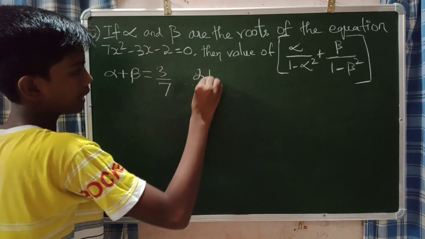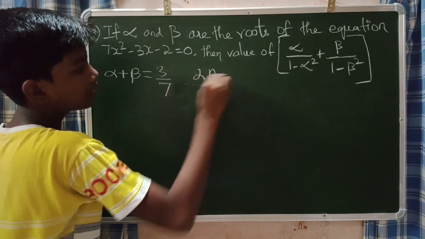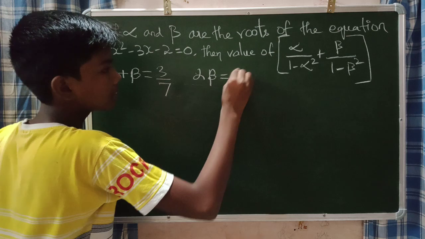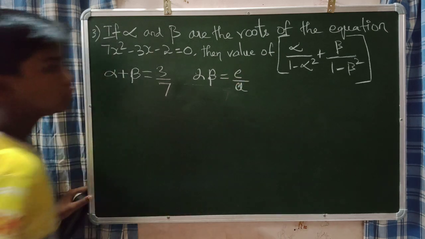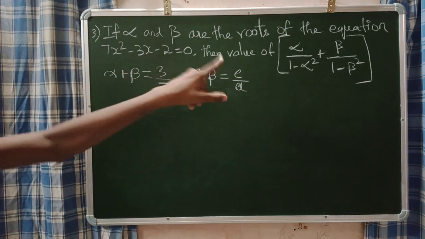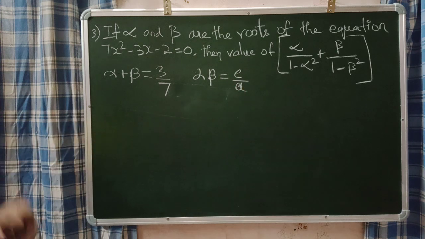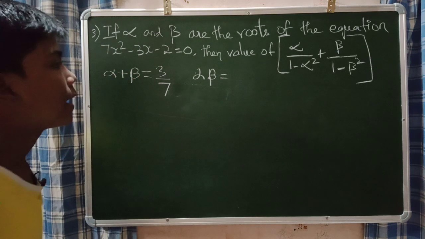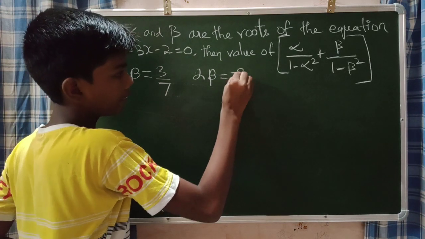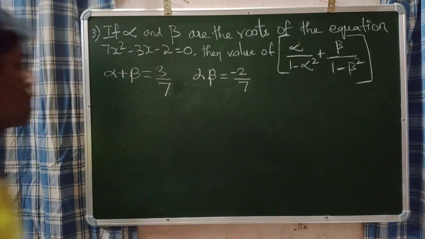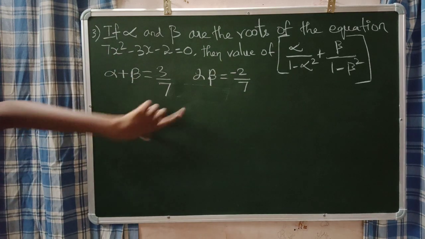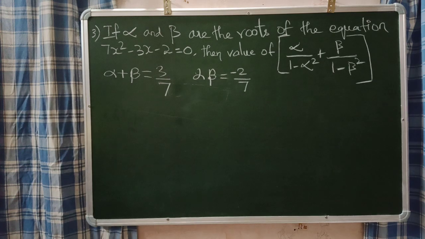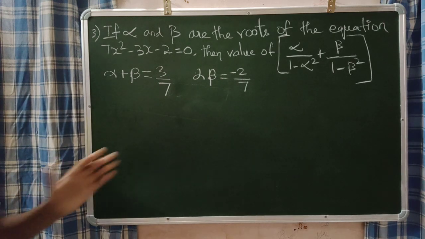That is alpha beta, which will be c by a. What is c here? That is minus 2. What is a here? That is 7. So c by a is minus 2 by 7. That's all. That means the sum of the roots is 3 by 7 and the product of the roots is minus 2 by 7, guys. Now, guys, find this value.